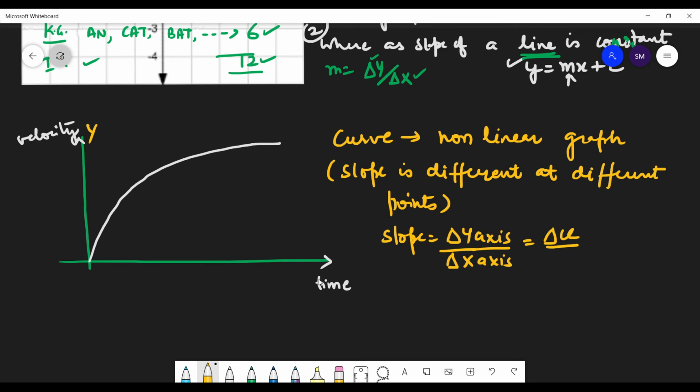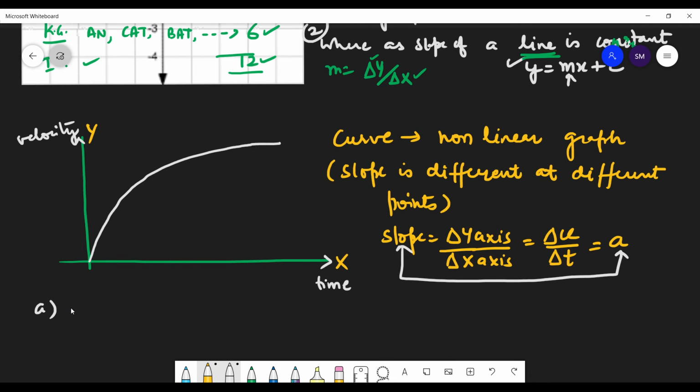What is changing on the x-axis? Time. So what is the physical quantity which tells you change in velocity upon change in time? Acceleration. Very good. So the slope of this graph tells you the acceleration. More slope means more acceleration, less slope means less acceleration.